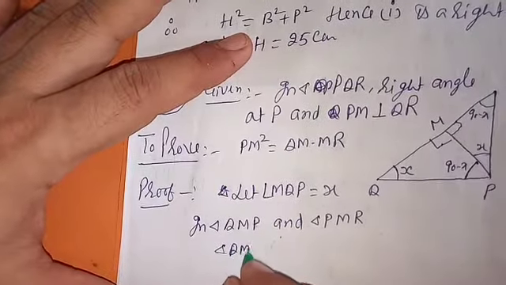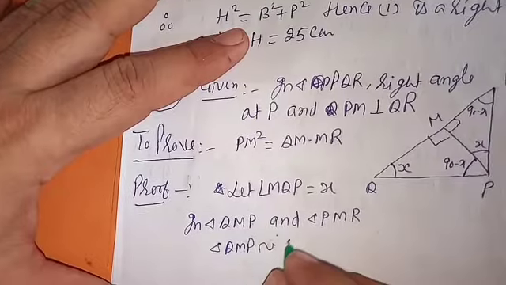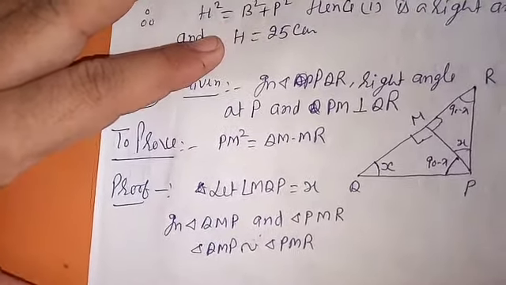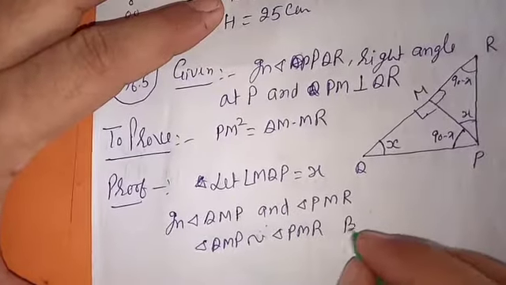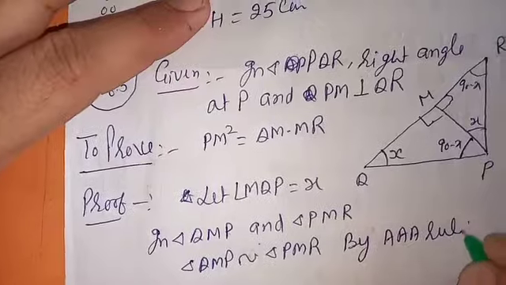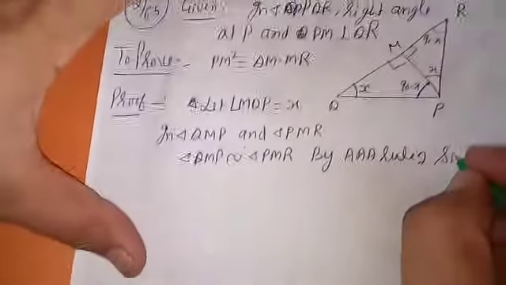Triangle QMP is similar to triangle PMR by what? AAA rule of similar triangles.